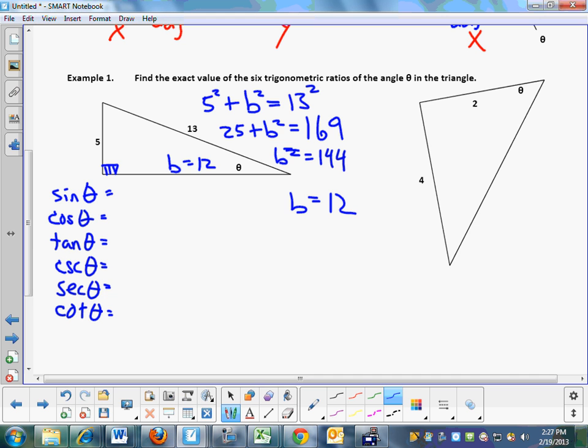Okay, so what's sine going to be? You could go ahead and label the sides. You know that this is the hypotenuse, or you could call it r. You know that this is the adjacent side, or you could call it x. And you know that this is the opposite side, or you could call it y. However you want to think about it, it's the same thing. So what's sine going to be?